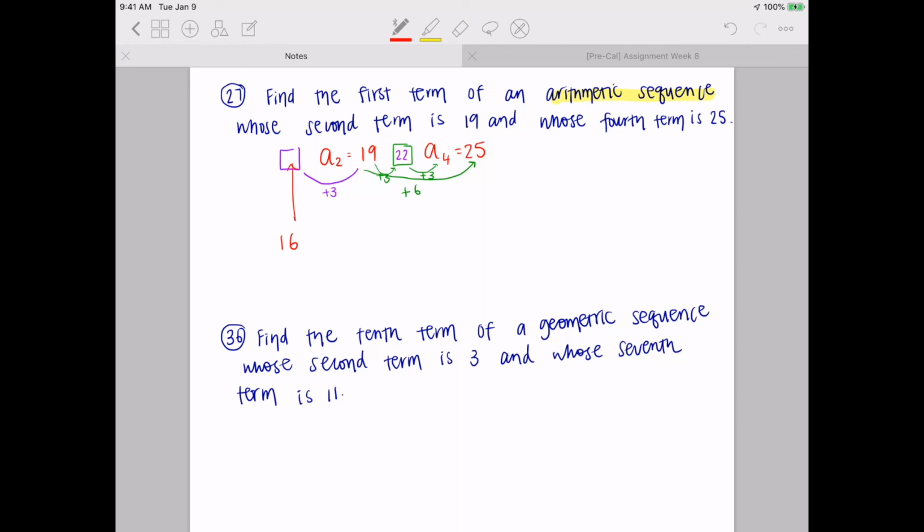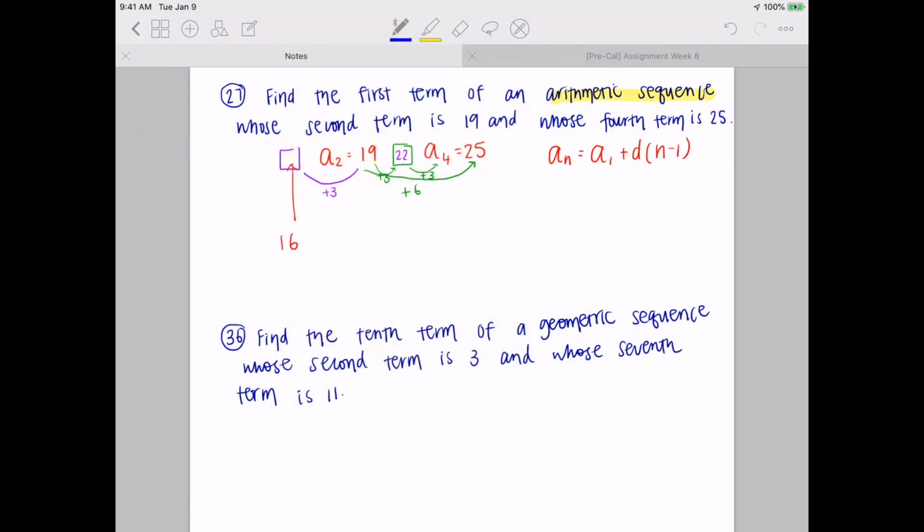Okay, so think about it. 16, I keep adding 3, keep adding 3, keep adding 3, you get to the next numbers. Okay, but if you don't like using this way, you can still use your formula. Our formula was a sub n equals a sub 1 plus d times n minus 1.